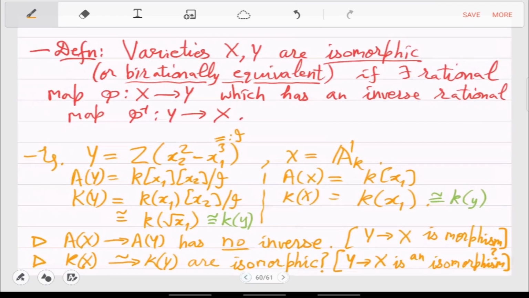So which is why I feel now it's a bit strange, but the variety y is actually birationally isomorphic to the affine line, which you could not have deduced by looking at the coordinate ring, but by looking at the function field it's possible. So this is a more relaxed way to compare two varieties.